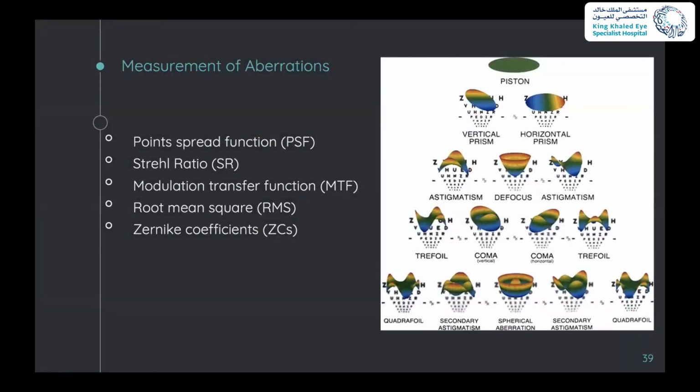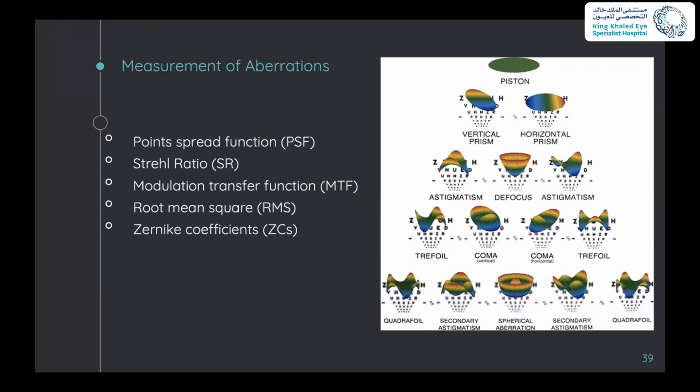There are different methods of measuring aberrations. Honestly, some of them are a little bit complicated, and some of them are easy to get. One of the things I find easy for getting at least an idea about aberration is that you can order a Zernike map from a Pentacam, for example. It will give you an idea about the aberration from the map.